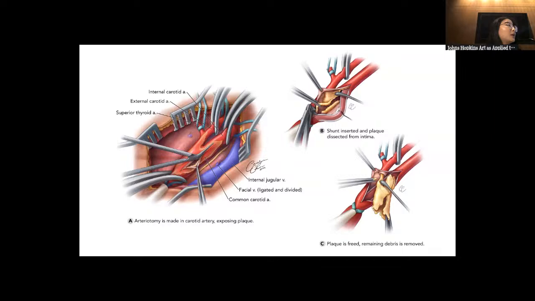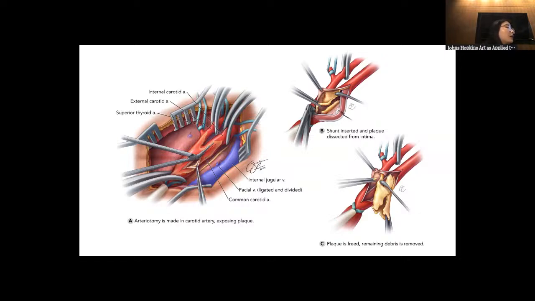Yeah, absolutely. So the question was what sort of references and material I used to reconstruct the steps of the procedure for the final illustration, since the operative field would be quite small. And to answer your question, Elise, it is quite small. I was lucky enough to view multiple endarterectomies with Dr. Lum. In addition, there are videos and atlases, as well as images of cadavers that I was able to reference to reconstruct this view.